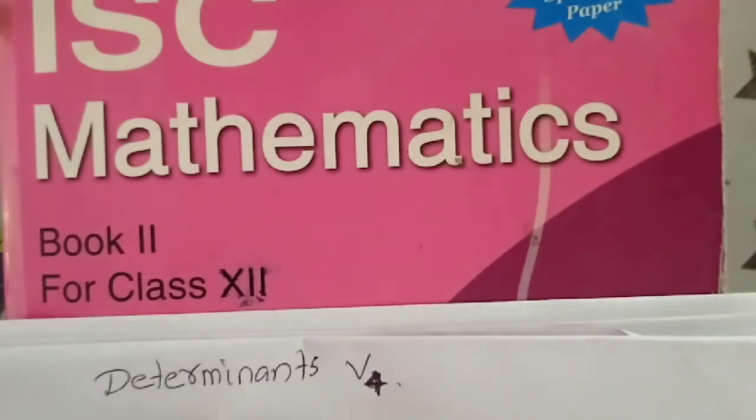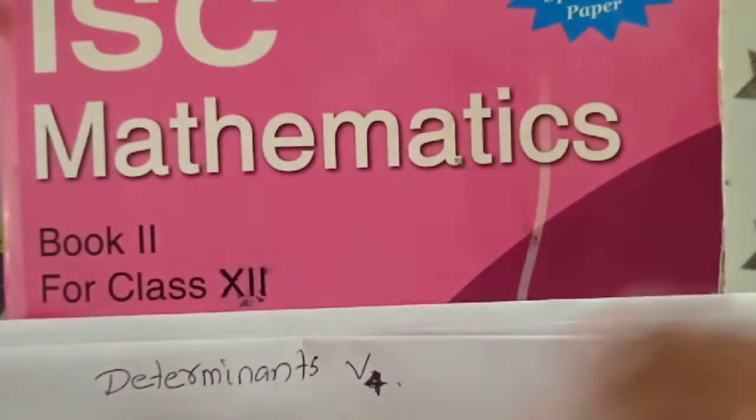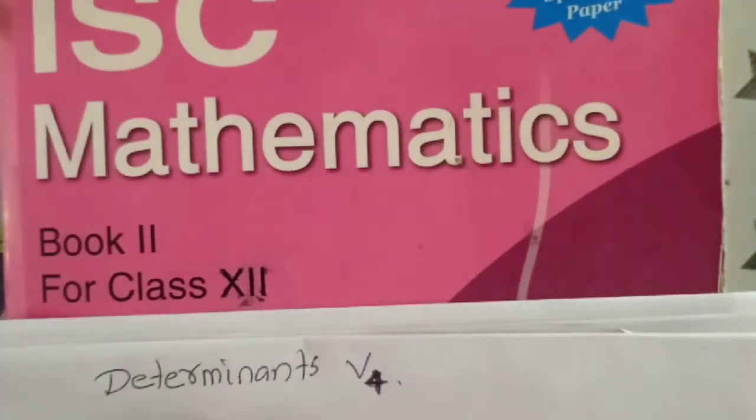Then third property, if there is any common factor in a row or in a column, you can take that common factor outside. Then fourth one, if any row or column has the sum of two or more terms, we can split the determinant.